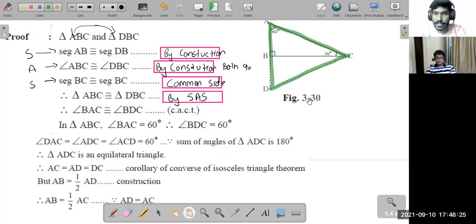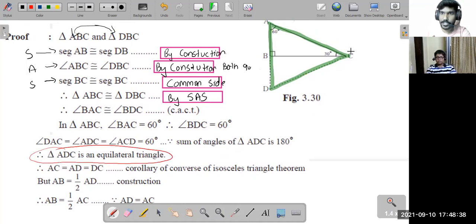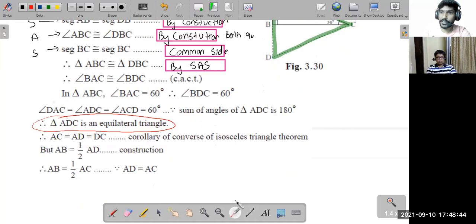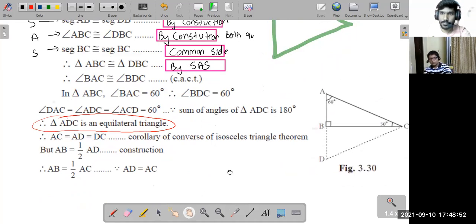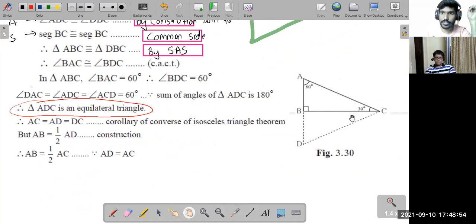So in this also, we got all three angles are 60 degree. So we can say this ADC, the triangle which I have marked in green, is an equilateral triangle. Now, since it is an equilateral triangle, all three sides should be equal to each other.